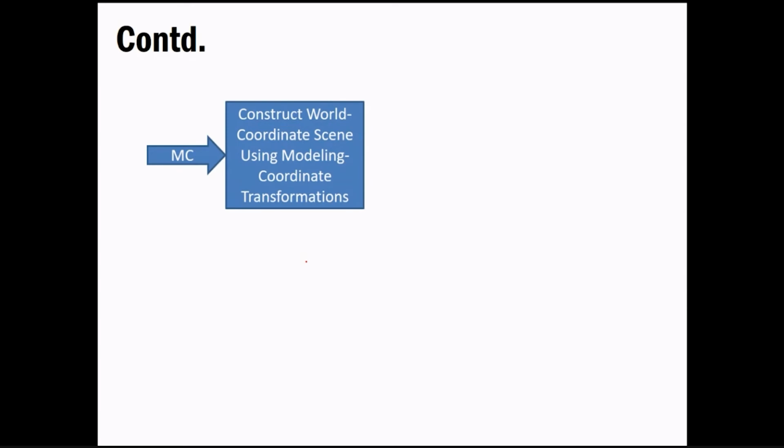We are trying to model something from the real world with pen and paper, and we don't have anything that we can put on the display monitor. So we construct the world coordinate scene using the modeling coordinate transformations. The model coordinates are nothing but the things that we put on our pen and paper or in our software.